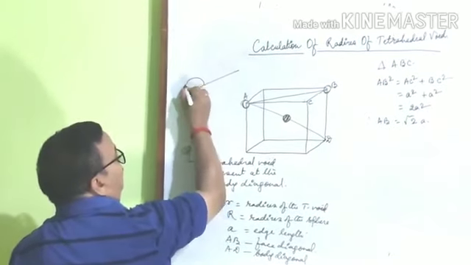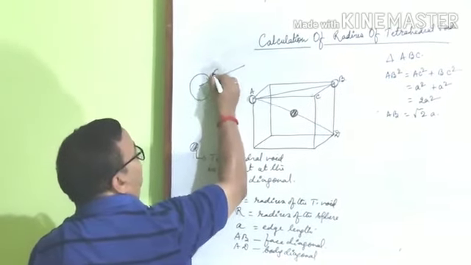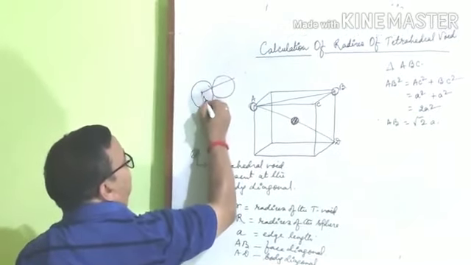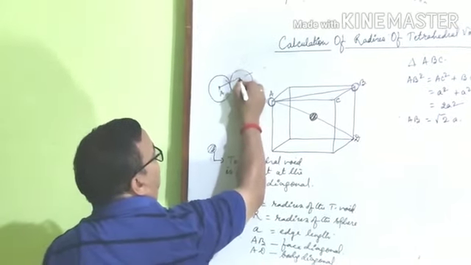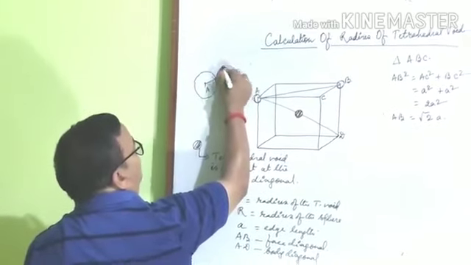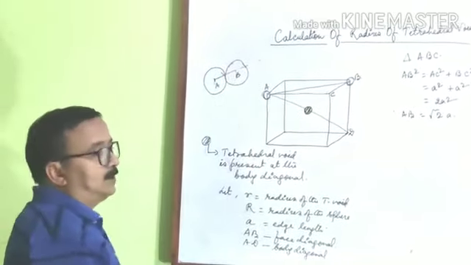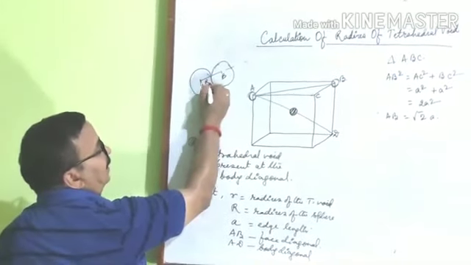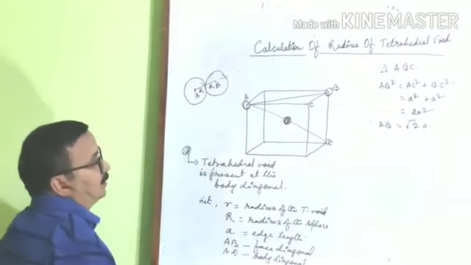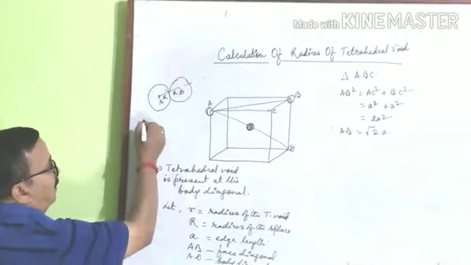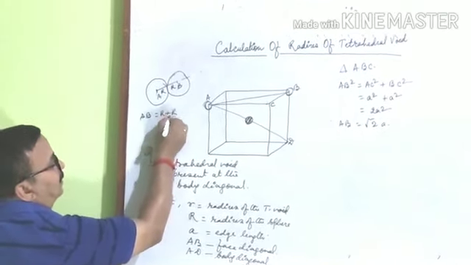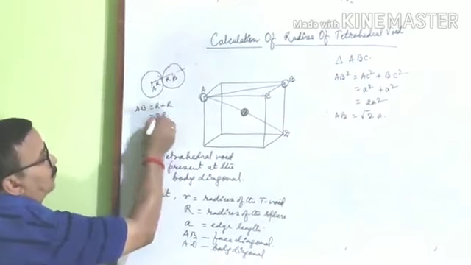Now in the face diagonal, two spheres are in contact with each other. The radius of this sphere is R, and this one is also R. Therefore AB will be how much? AB will be equal to R plus R, that is 2R.